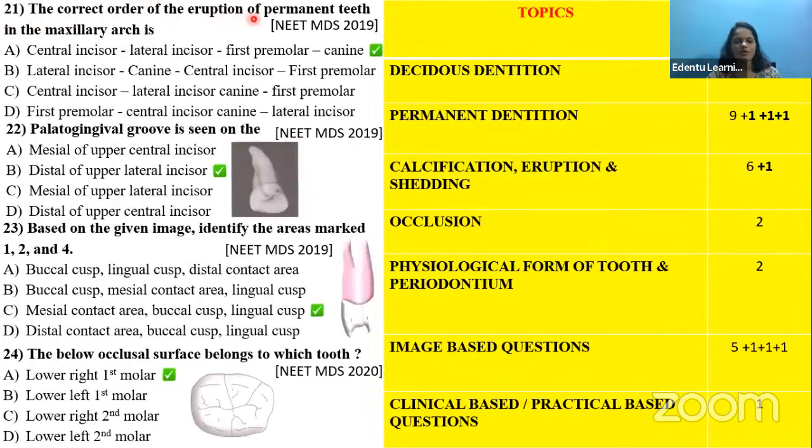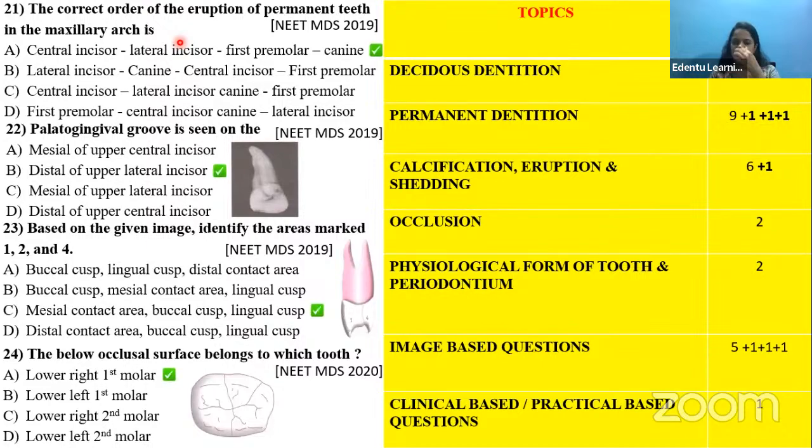the correct order of eruption of the permanent teeth in the maxillary arch is, okay, the shedding sequence and the eruption sequence. Okay, eruption sequence of both the primary and the permanent teeth. Okay, and the shedding sequence of the primary teeth. Both are extremely important topics in dental anatomy. So if you look at this recent NEET MDS exam also, there was a question on the shedding sequence of the primary teeth.